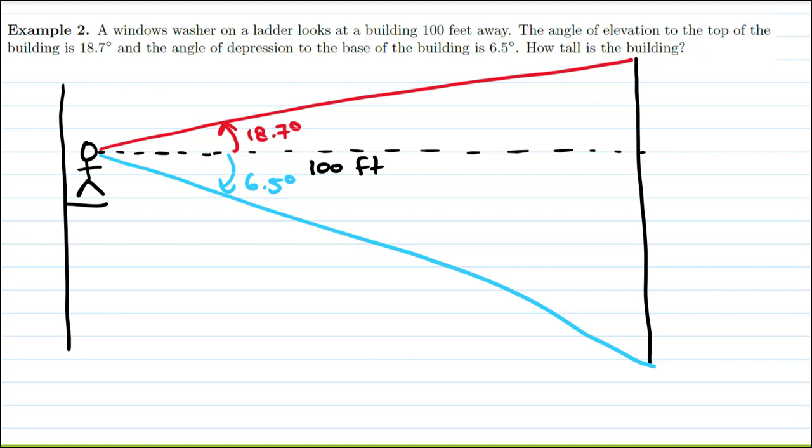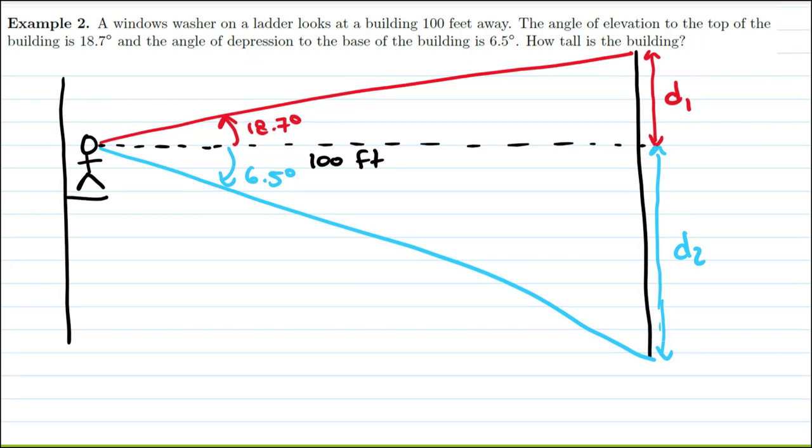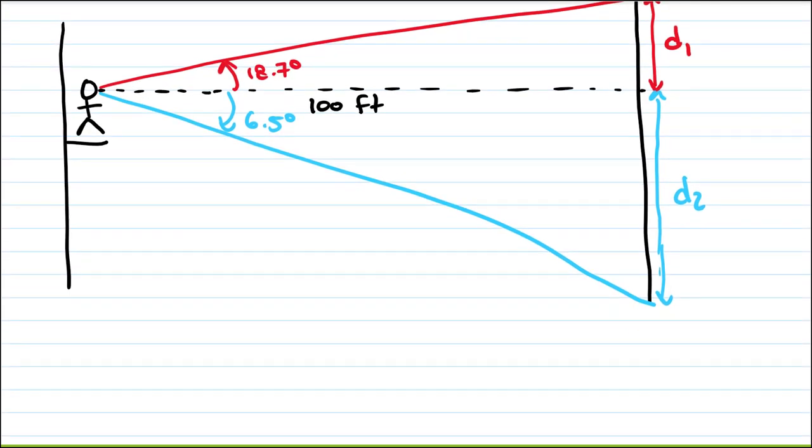Well, what's going to make this a little bit more complicated is we have our distances here, D1, and then we have this distance from the horizontal, D2. The height of the building is going to be the sum of those.